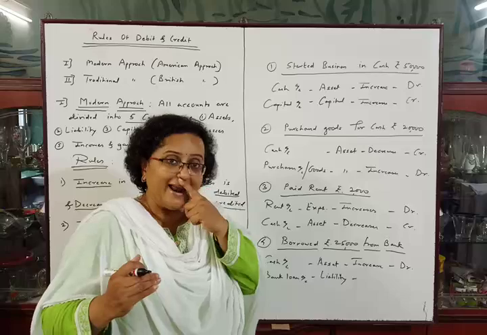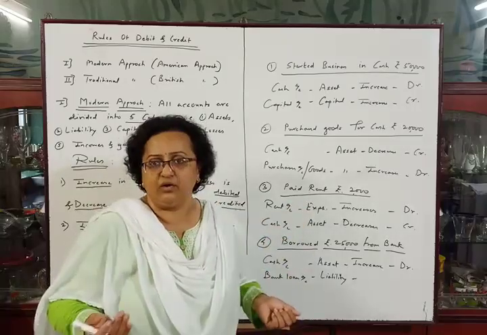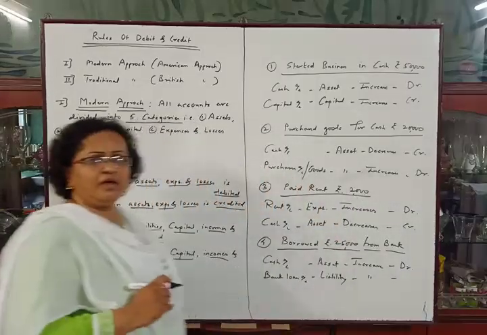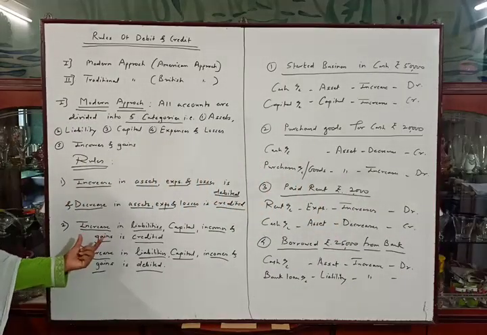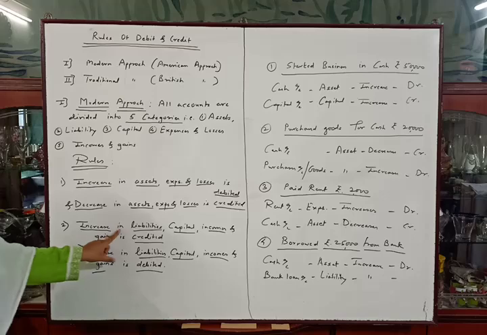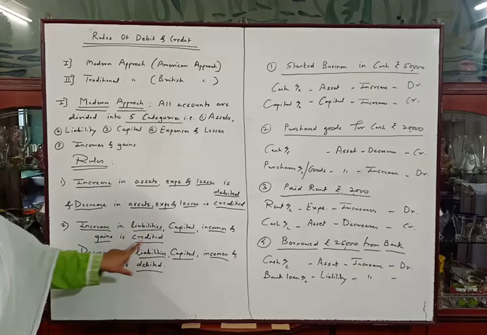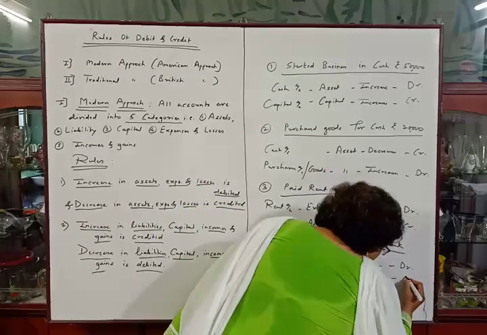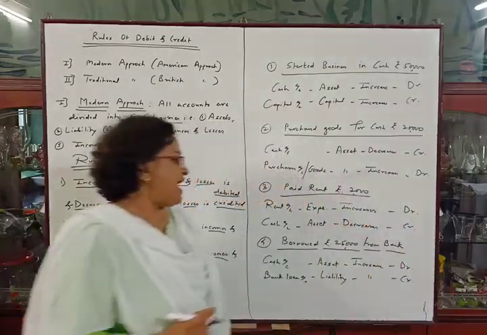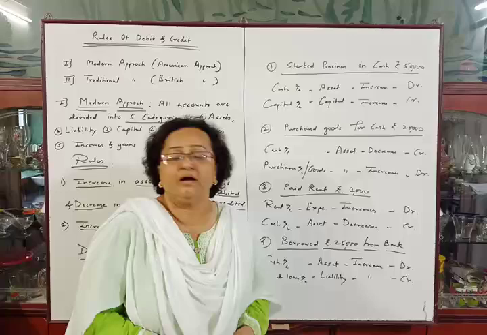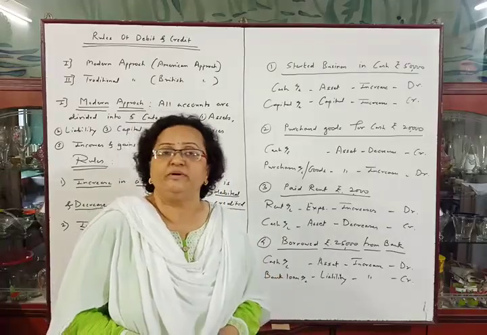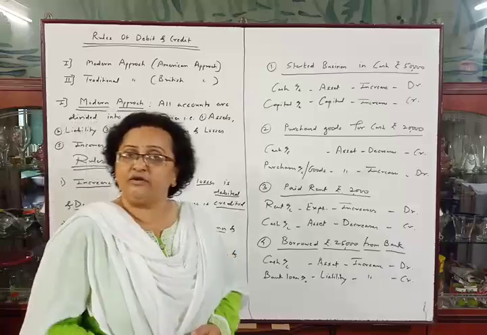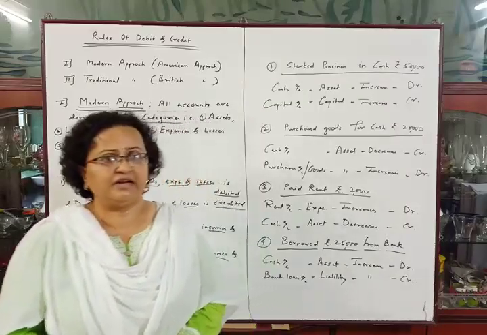It means our liabilities are increasing. So liability also increases here. And the second rule says that increase in liability is credited. So we have to credit bank loan account here. So cash account should be debited, bank loan account is to be credited. Understood? Learn all the entries carefully. Okay, that's all for today.